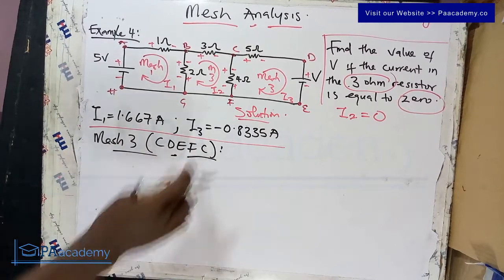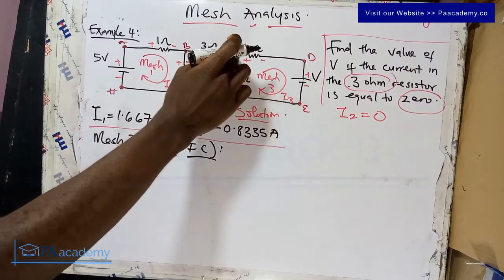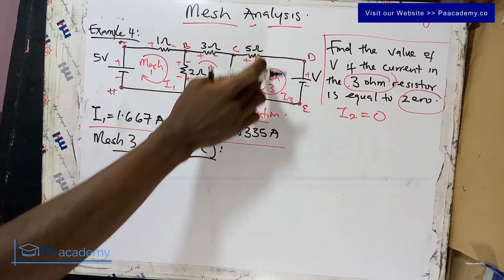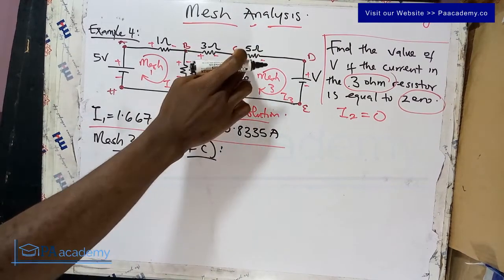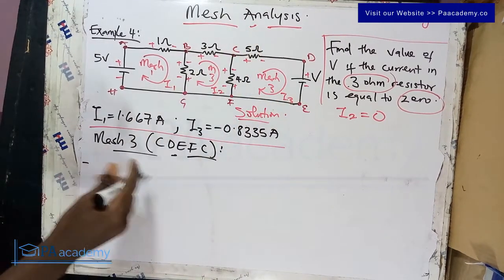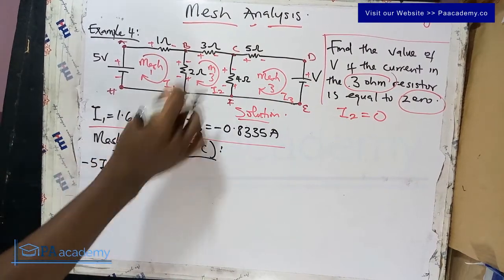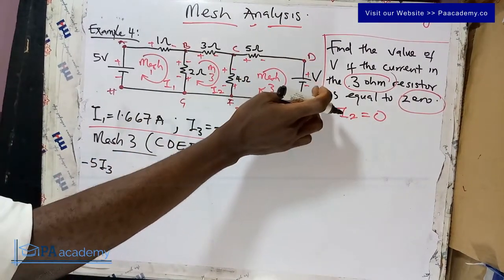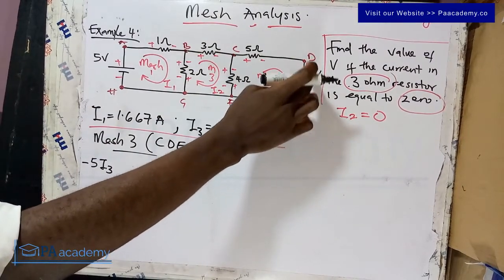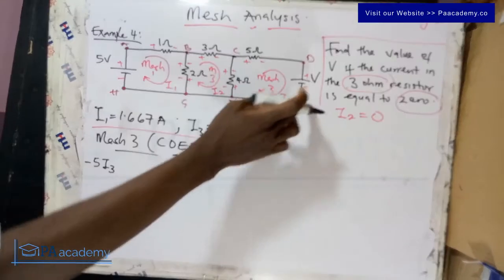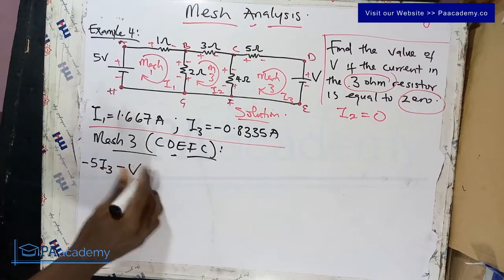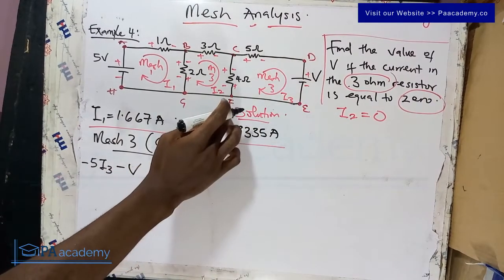Applying Kirchhoff voltage law, let's start from C. From C to D, we have one element, which is the 5 ohm resistor. From positive to negative, that is going to be minus 5I3. From D to E, we have a voltage source, and this is what we are looking for, but we don't know the value. From positive to negative, that is going to be minus V. Let's continue. From E to F, there's nothing here.